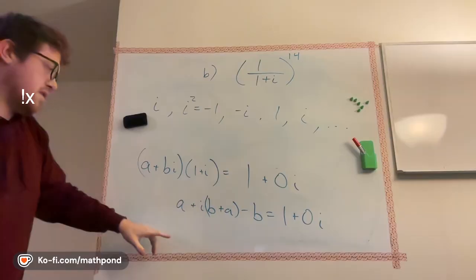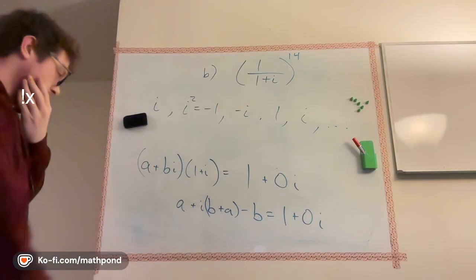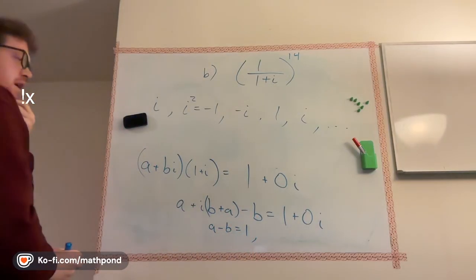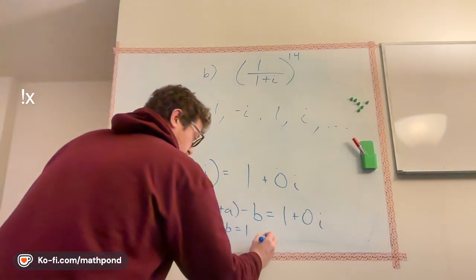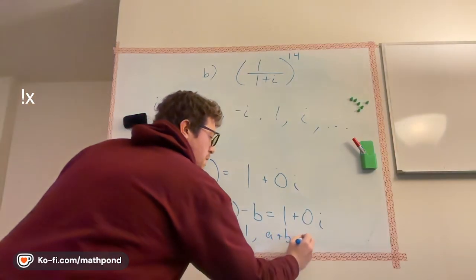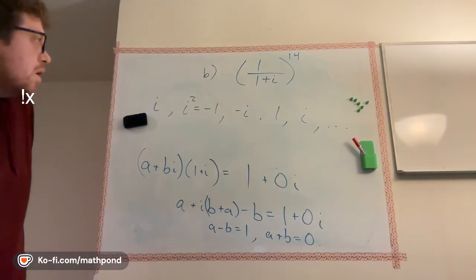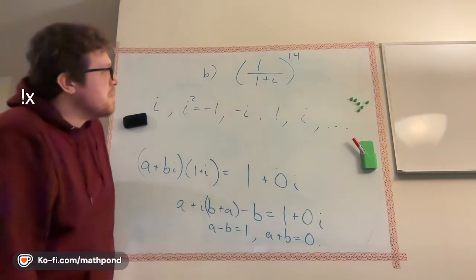So basically, a minus b is 1, and b plus a is 0, or a plus b is 0. I feel like maybe this is one you can just remember, though.